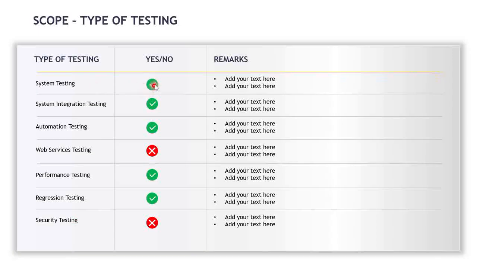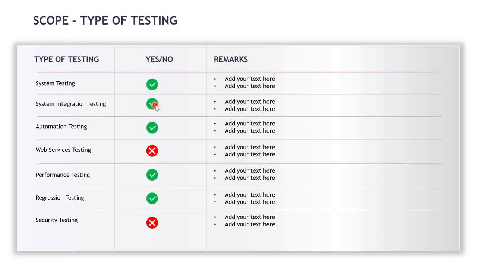You can put it with a tick mark and a green circle, and whatever you feel is not part of your testing, just cross them here so that everybody understands that as a QA team, as a testing team, these things will be out of scope. Then you can add some brief remarks about all these testing over here. So that's the third slide. It's a completely editable slide.